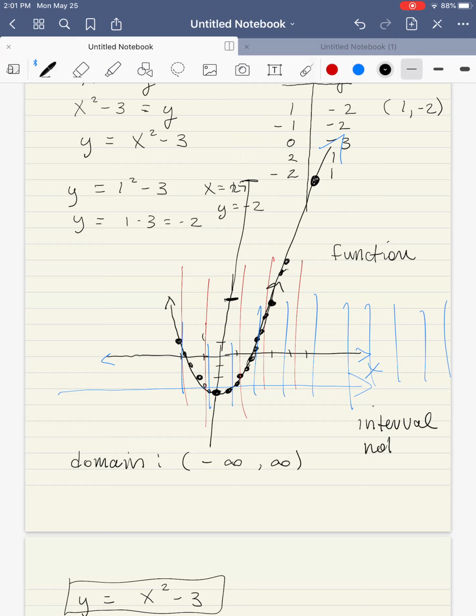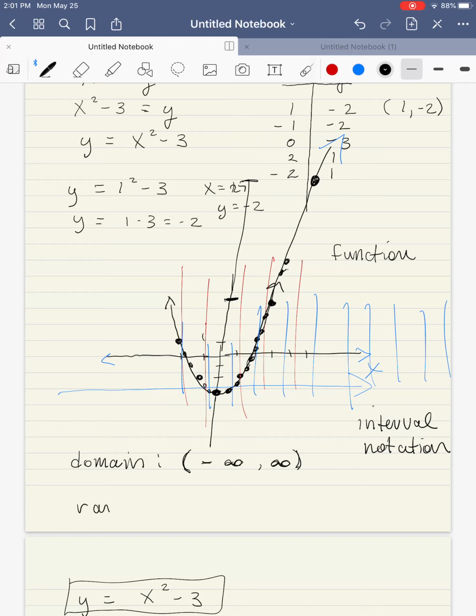And that just tells me the interval of my domain. And I always write my far left number, then a comma, then my far right number. And because this goes forever to the left and to the right, I have negative infinity, but I can't ever reach negative infinity, so I use a parenthesis. And then it goes forever to the right, so I use infinity. I can't ever actually reach infinity, so I use a parenthesis.